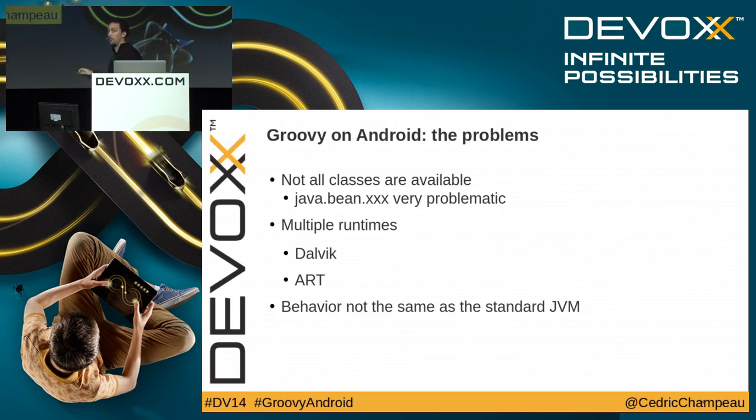There's the Dalvik runtime, which is the old runtime available for Android devices. I am saying runtime, so it's not a JVM, it's not a VM at all, it's really a runtime, a library that runs Android bytecode. And now, since Android 5, we have a new runtime called ART that does something different, so I'm going to explain that after.